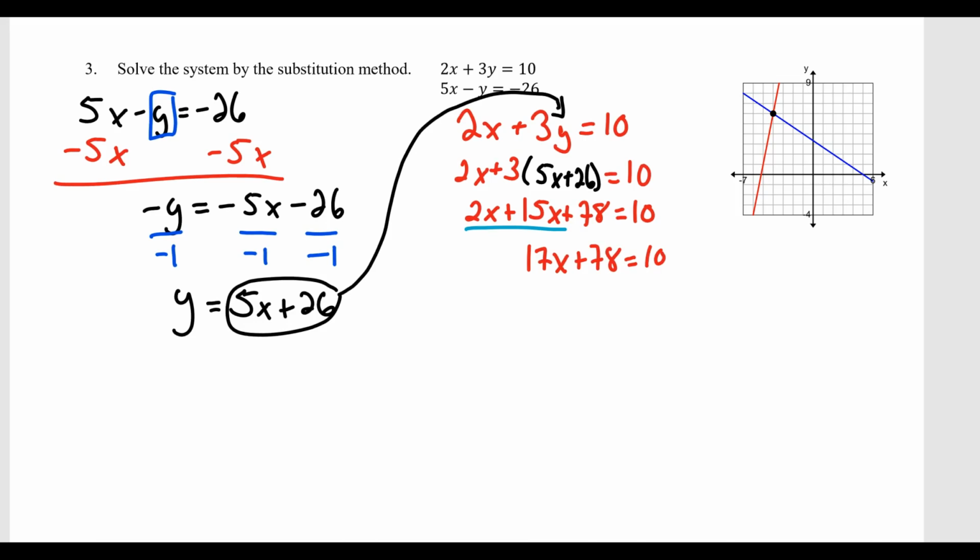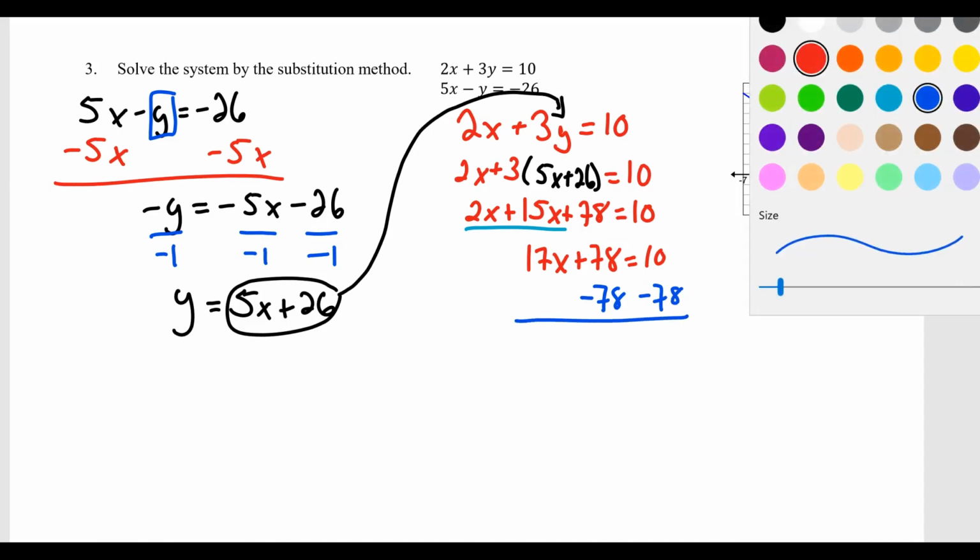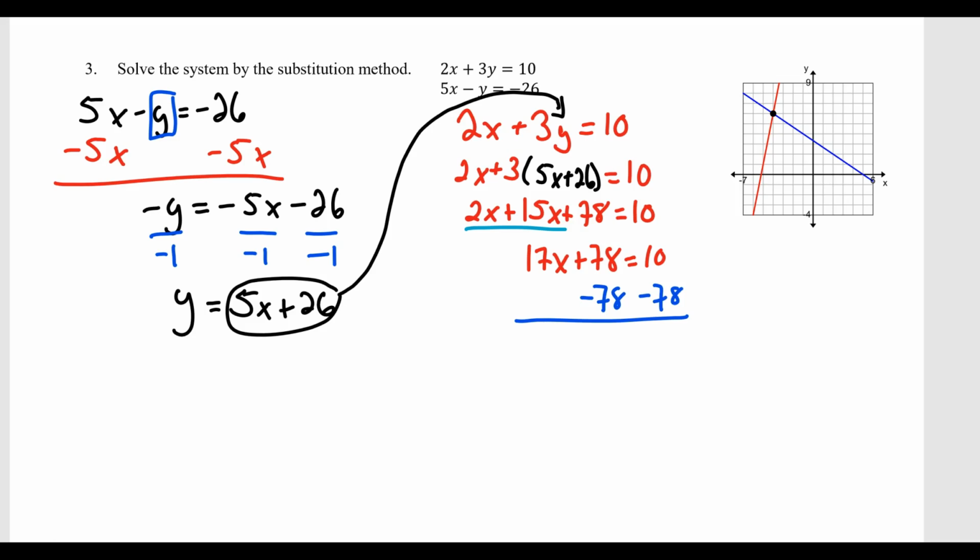Now I'm solving for x. So I'm going to subtract 78 from both sides, leaving me with 17x equals negative 68.